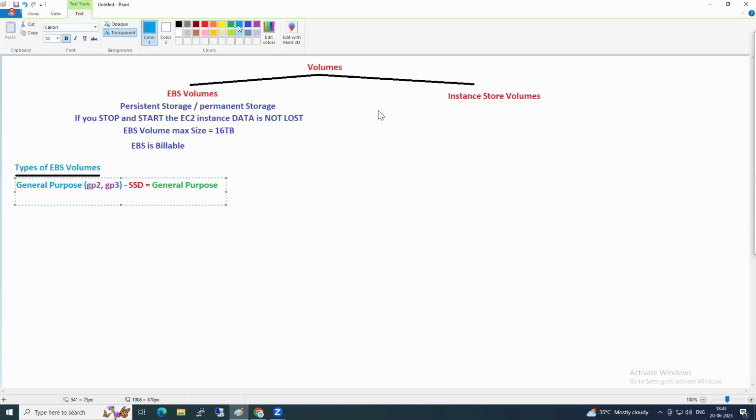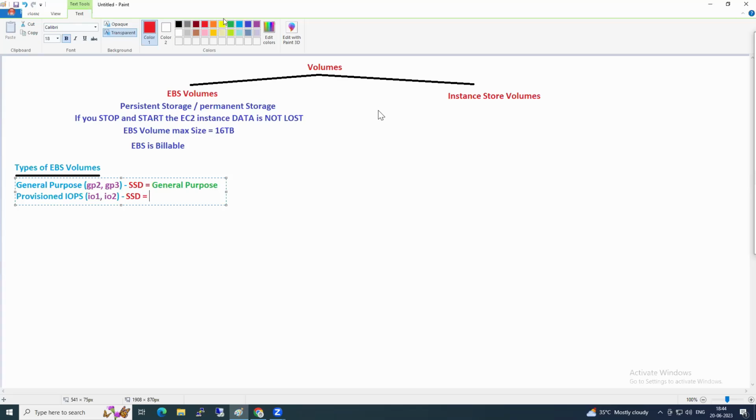Similarly, you have provisioned IOPS. There is also one more volume type, which is called provisioned IOPS. In there, we have IO1 and IO2. This also is related to SSD.